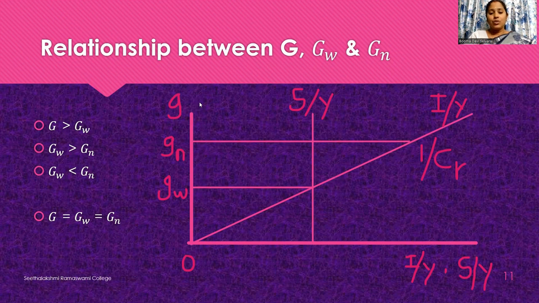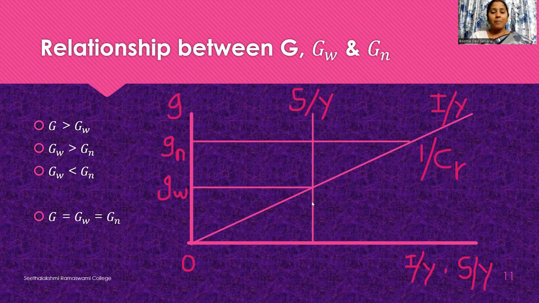In order to equalize GN and GW, first we can bring down GN to GW by measures to curb labor force growth. Second, we can shift the savings and income curve rightwards through monetary and fiscal policy and foreign borrowings to raise GW to GN. Third, we can adjust the income and investment curve, reducing CR through the use of more labor-intensive techniques of production.